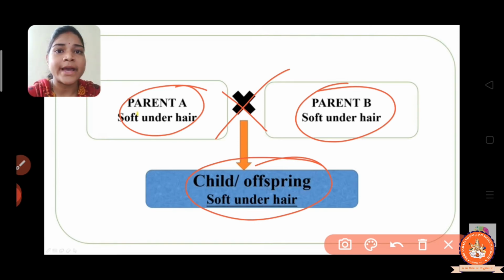From the coarse beard hair we cannot get wool. That's why we want only offspring of soft under hair.